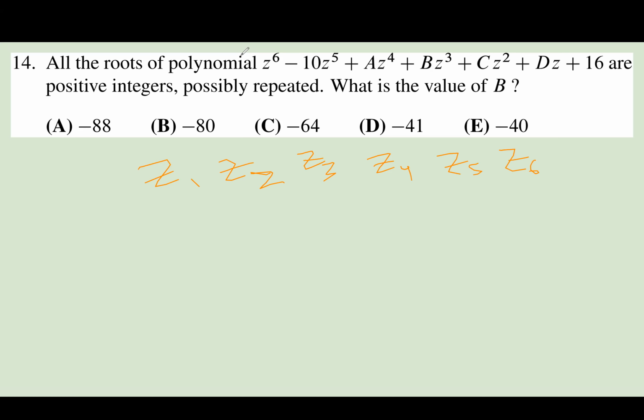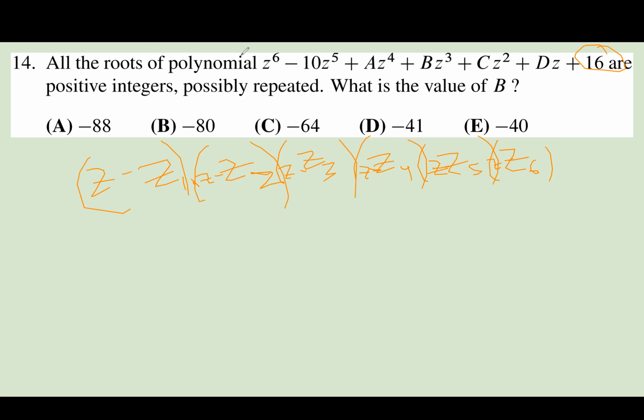Now, we know that the constant term is 16. Remember, you would have z minus z1 times z minus z2 times z minus z3, and a bunch of these, and that would give you the polynomial.